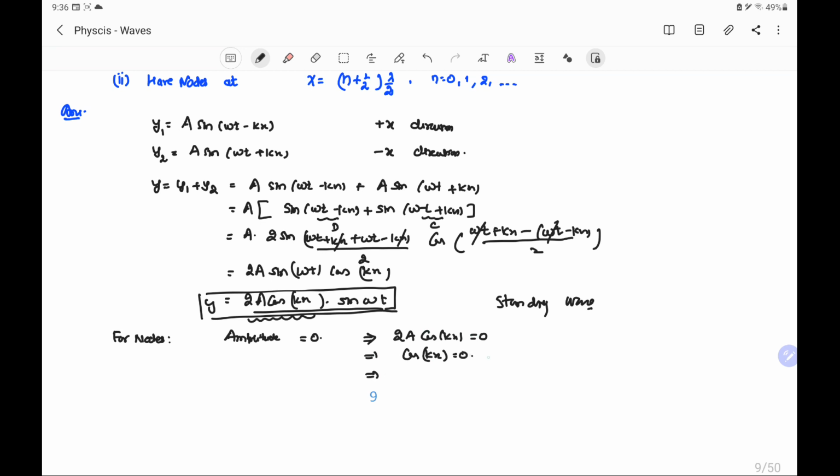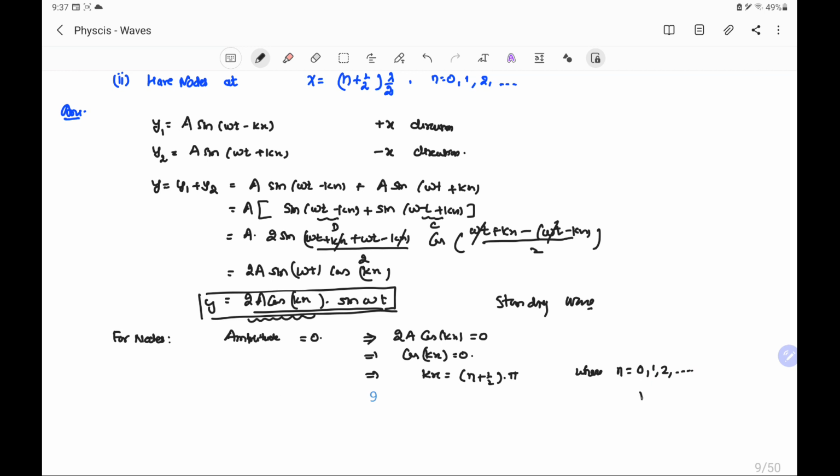Or we can say that kx is equal to (n plus 1 by 2) into pi, where n is equal to 0, 1, 2 and so on.